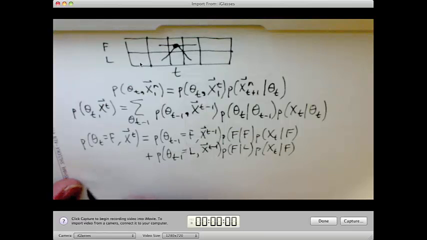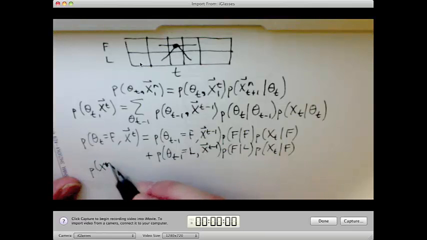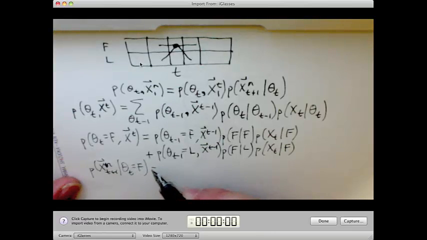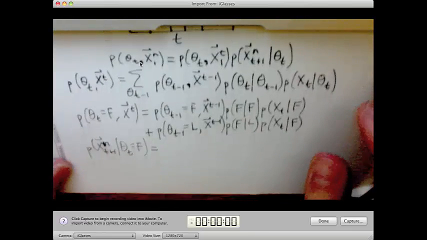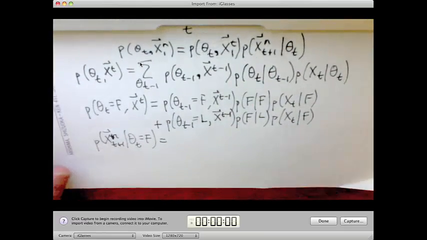I'll write this as the probability of the remaining observations, x, what did I say, t plus 1 to n given theta t in the fair state. I'll shift that up here, hopefully more visible.